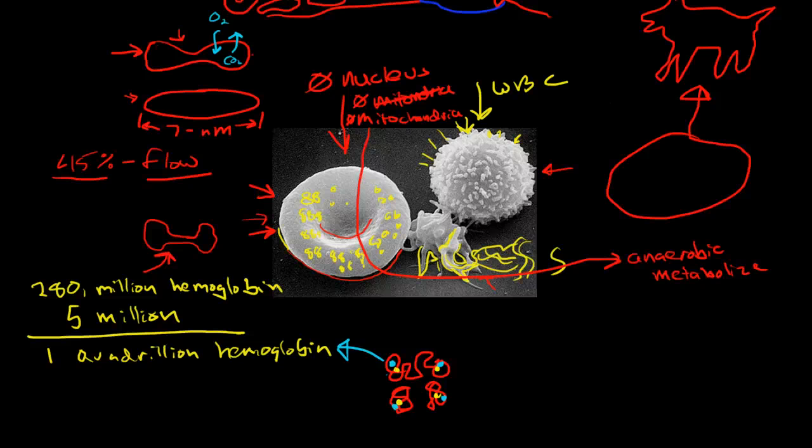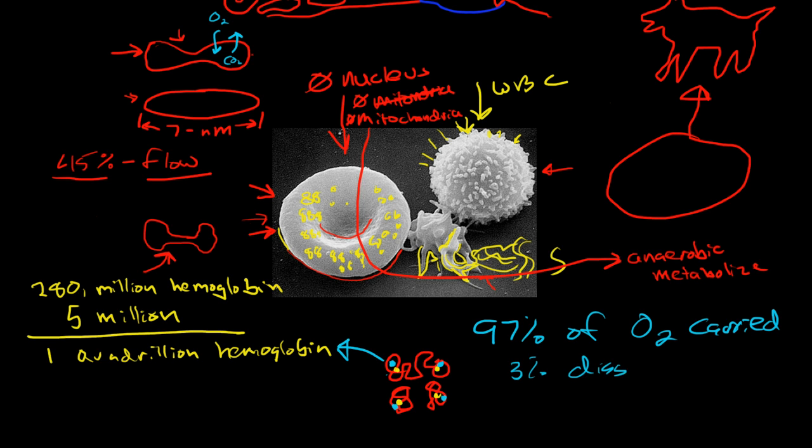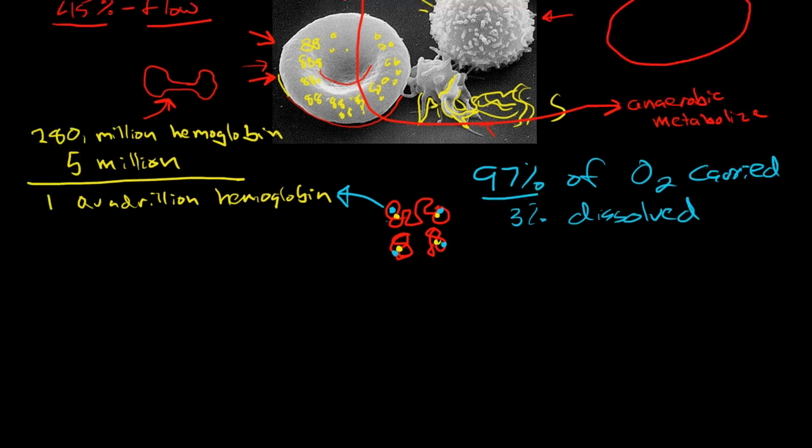Now, the hemoglobin is responsible for carrying about 97% of oxygen in our blood. The other 3% is carried dissolved in the plasma. Now, hemoglobin is loosely bound to the oxygen by what's called a hydrogen bond. And so actually the oxygen is sort of bouncing on and bouncing off of this.